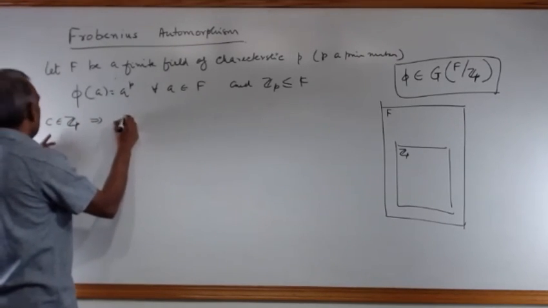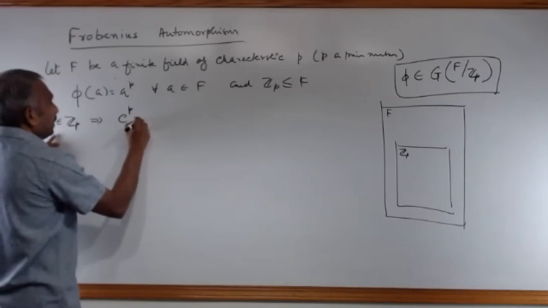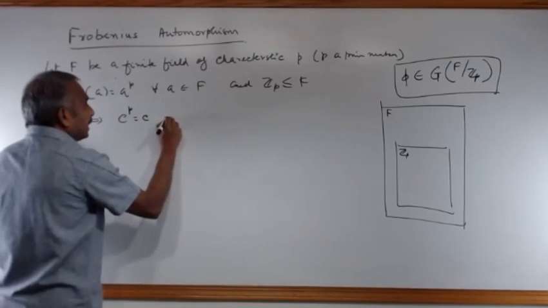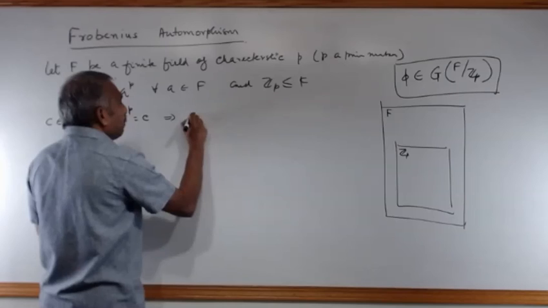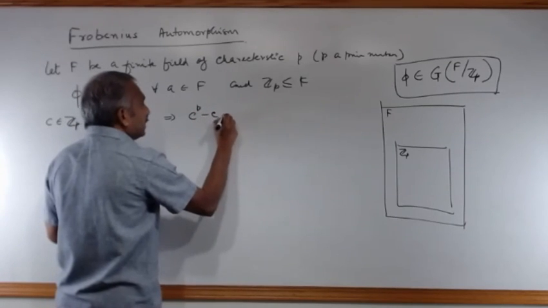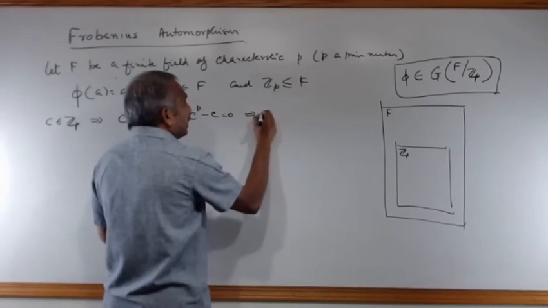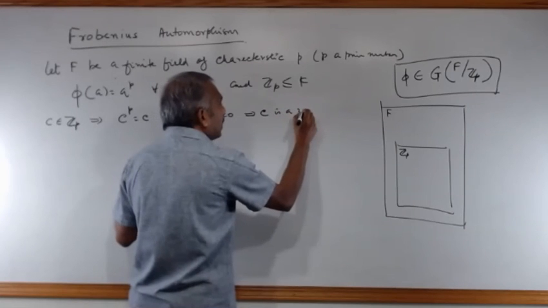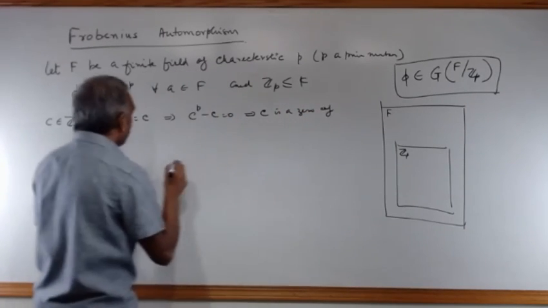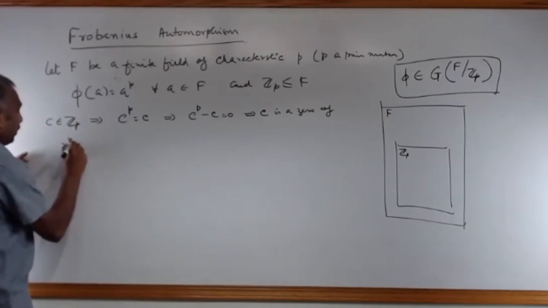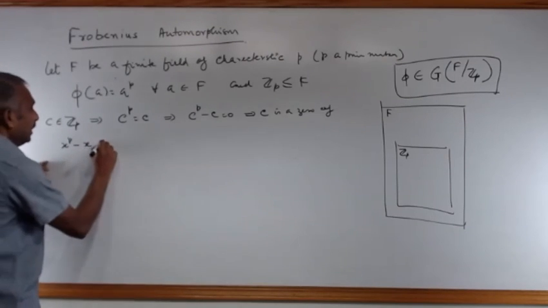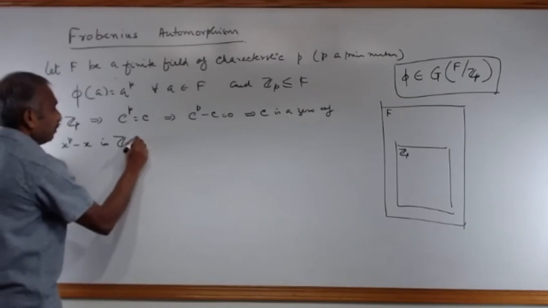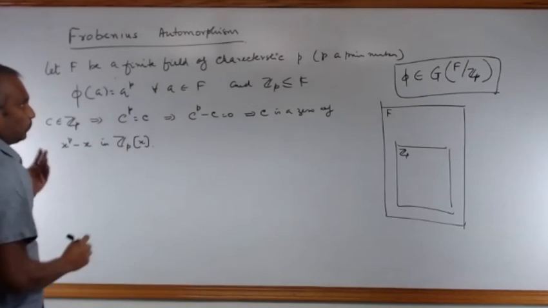We know that C to the power of P is equal to C, and that implies C to the power of P minus C is equal to 0, and that implies C is a zero of x to the power of P minus x in Z_P of x.